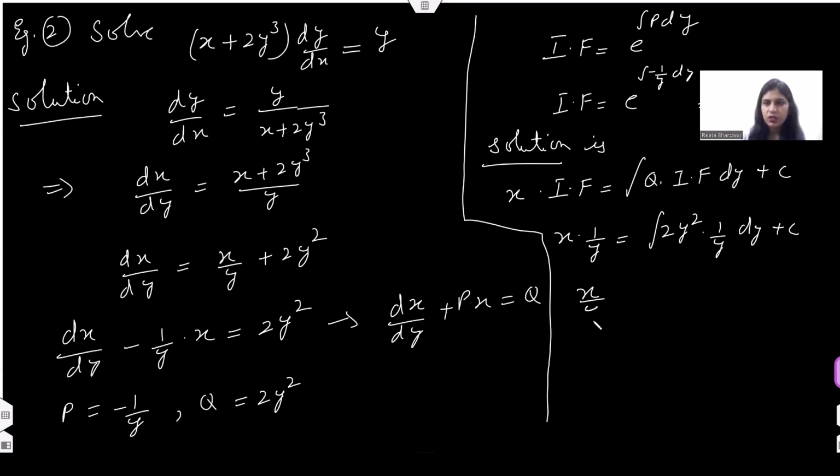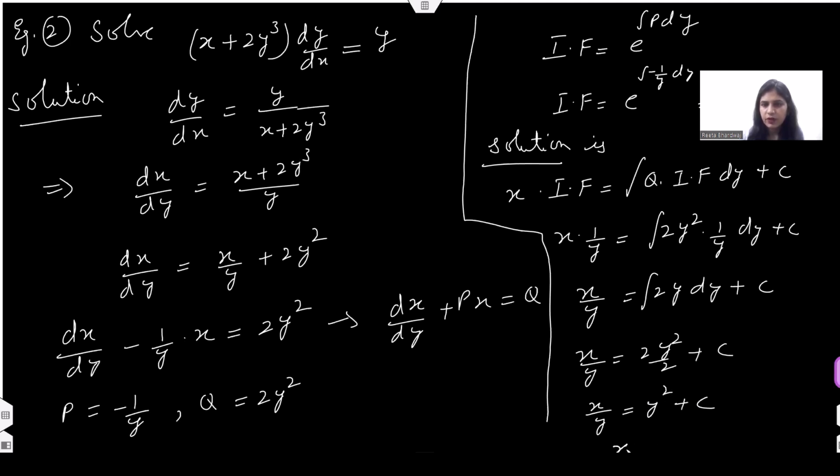After doing the integration, this is 2y dy, so the integration of this is 2y square by 2. So x by y is y square plus c, or we can say x is equal to y cube plus cy. That would be the general solution of this differential equation.